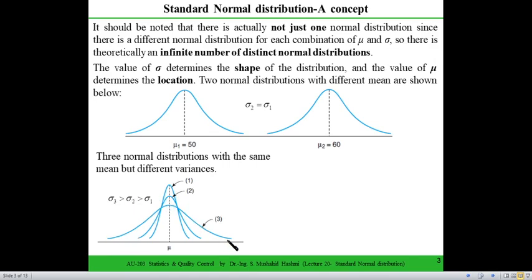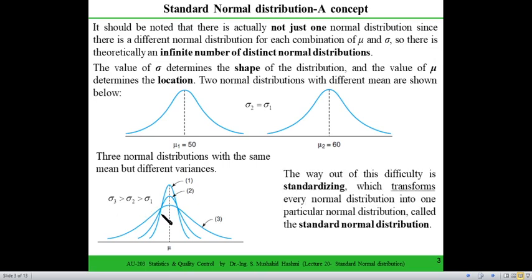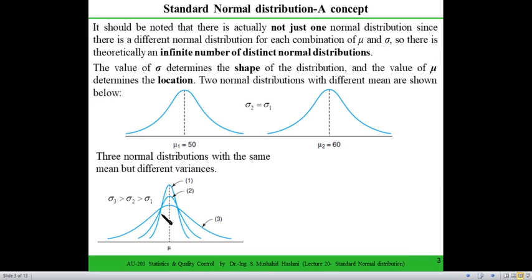Here the value of mu is fixed for all three distributions, but the shape of the distribution is determined by the corresponding standard deviation. So we could have an infinite number of shapes of distributions depending upon the value of the mean and standard deviation.